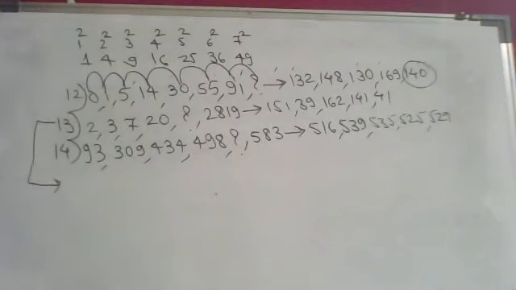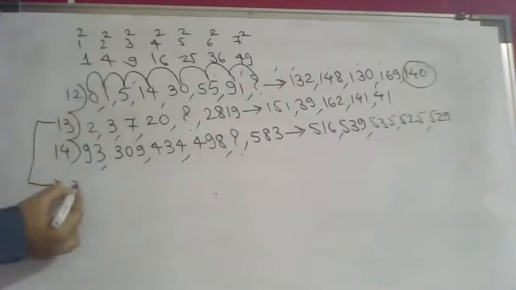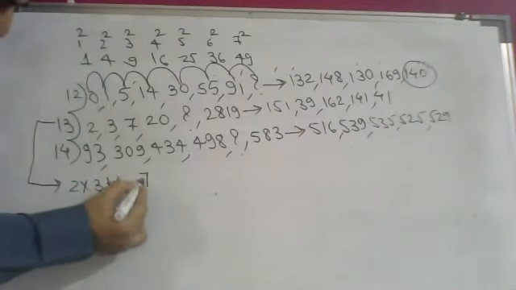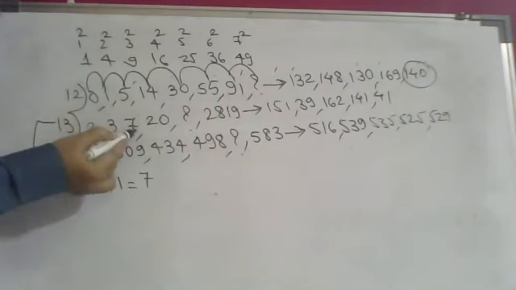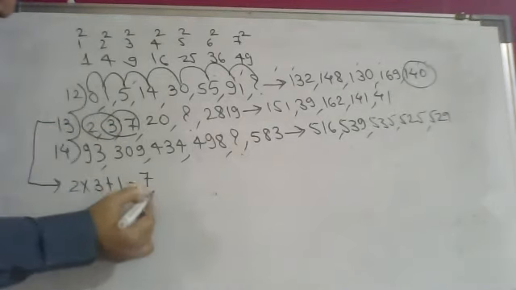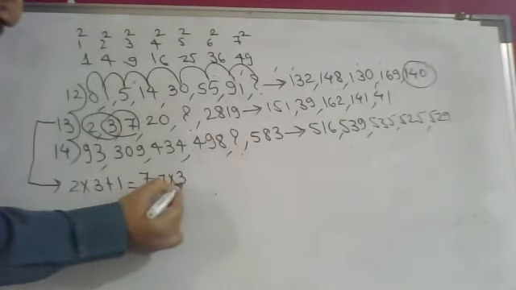Question number 13. Now here, there is a different logic, but think in this way. 2 multiplied by 3 plus 1 gives you 7. 7 into 3 is 21.